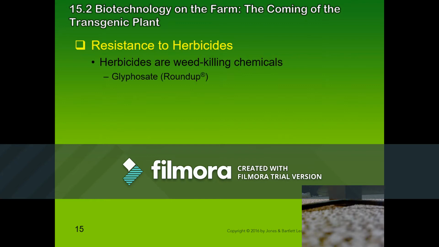Now, herbicides are things that are going to be able to kill weeds, and Roundup is one of the major players in that field. Millions and millions of gallons of Roundup are sprayed onto crops annually.